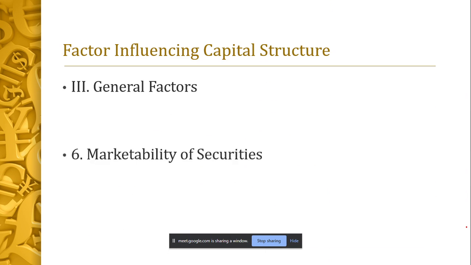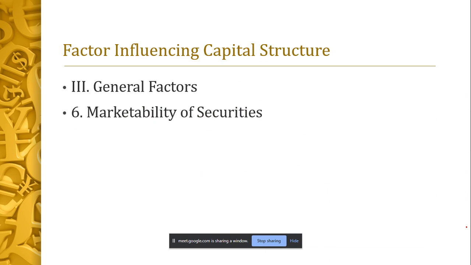Now moving forward, the sixth one is marketability of securities. This is the actual thing which influences the capital structure if we see it in a practical way. The higher the rate the securities have in the market, the more people would be interested in investing in them, and the less the marketability of the security, the less willing they would be to invest.